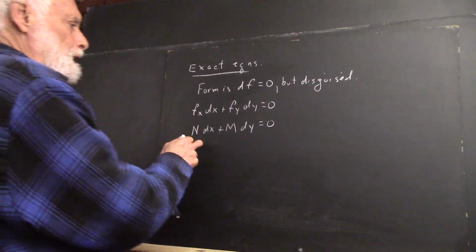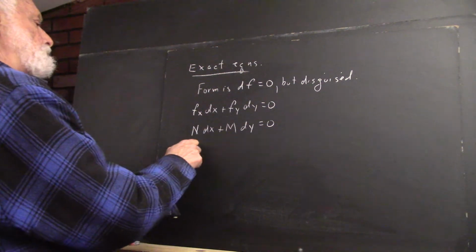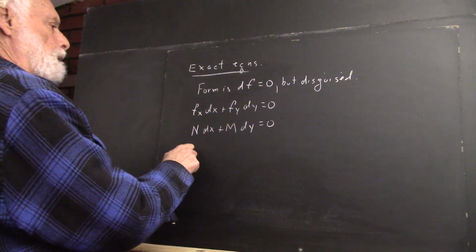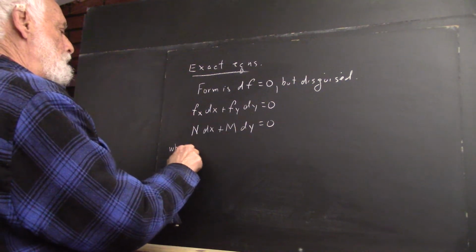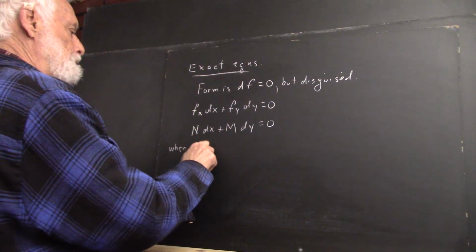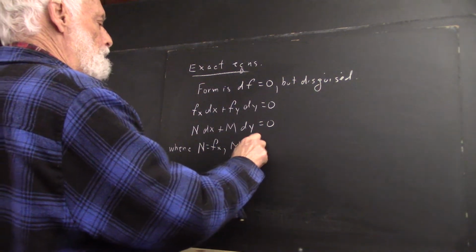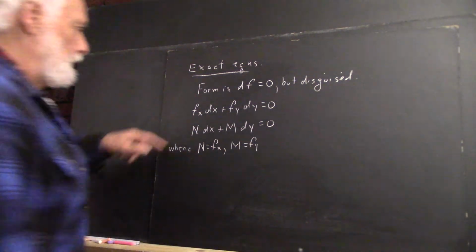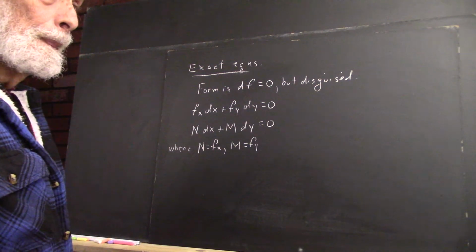So we have n dx plus m dy equals 0, where obviously n is going to be your fx and m is going to be your fy.